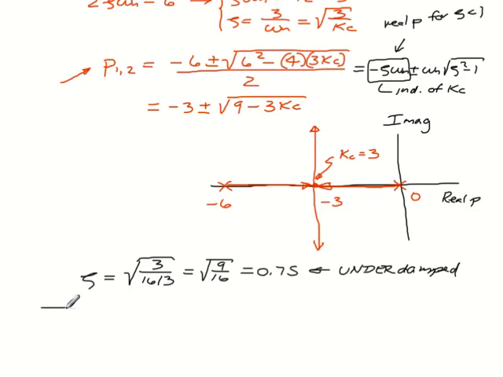We recall that for the underdamped case we have a true second order response, so Ts is 4 times the time constant. Time constant is 1 over zeta omega n. From above we saw that zeta omega n is always equal to 3, so that's 4/3.